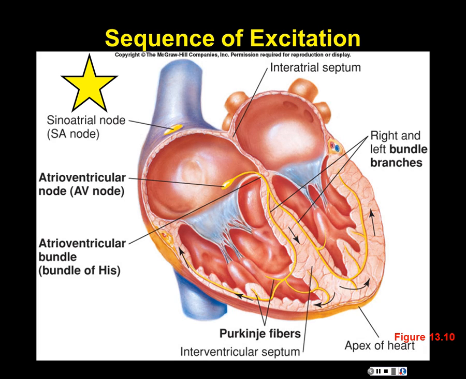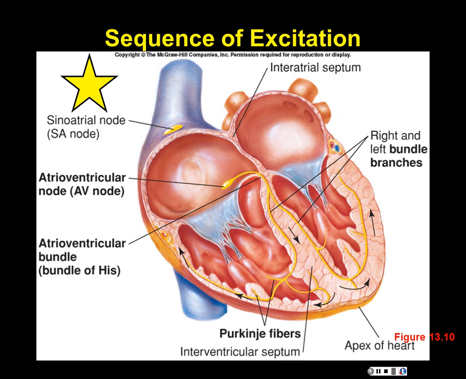I have a big star here because this is going to tie into lab today or tomorrow. Generally we're hitting it right about now, so the pace is kind of off a little bit. If you've done your pre-lab for today, the pace of the heart is started at which structure? Which one is like the pacemaker?